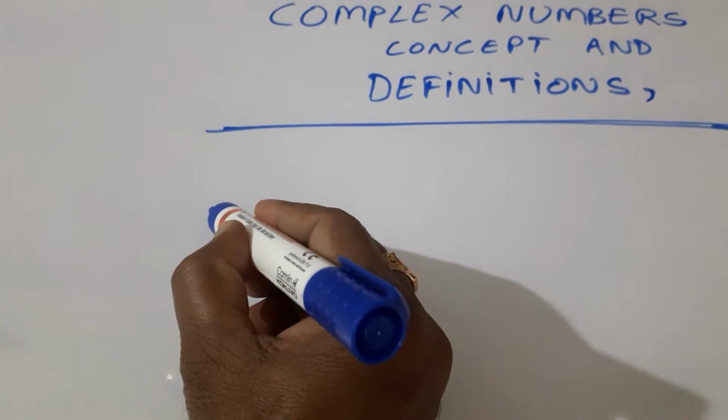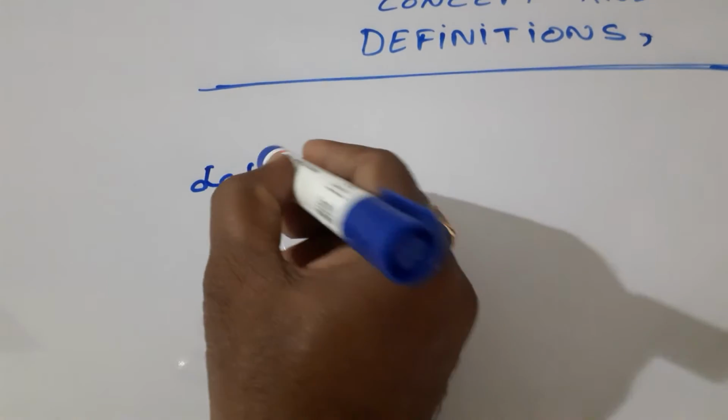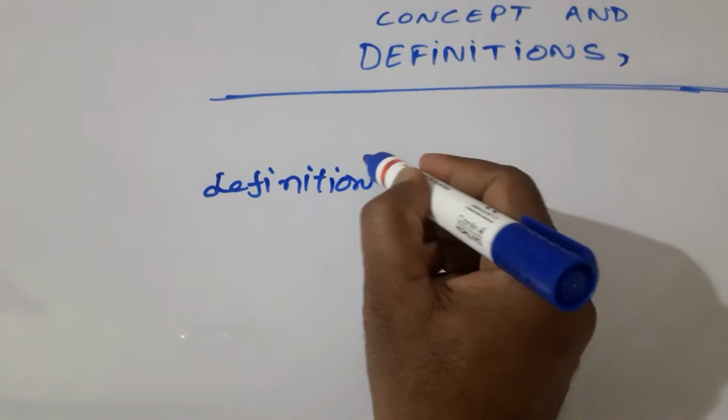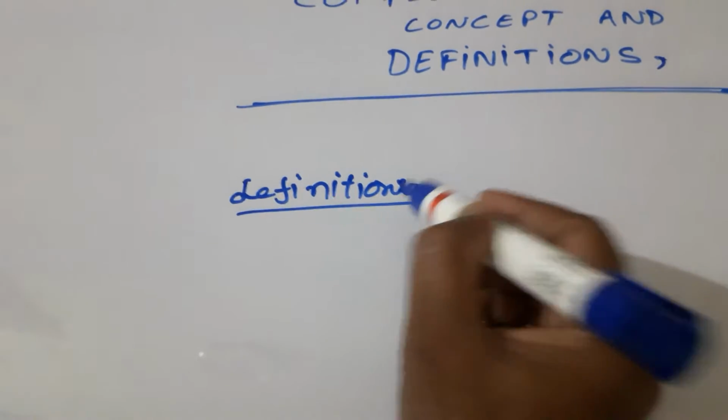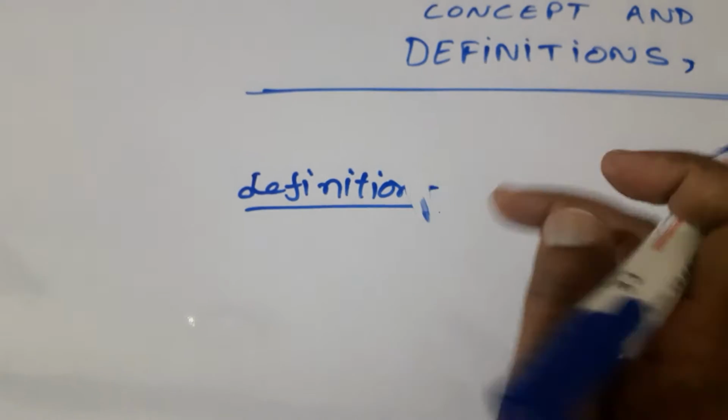What is a complex number? So what is the definition of a complex number?